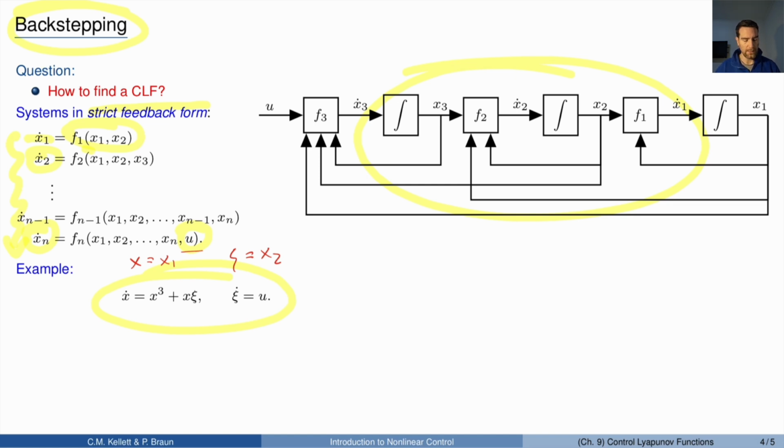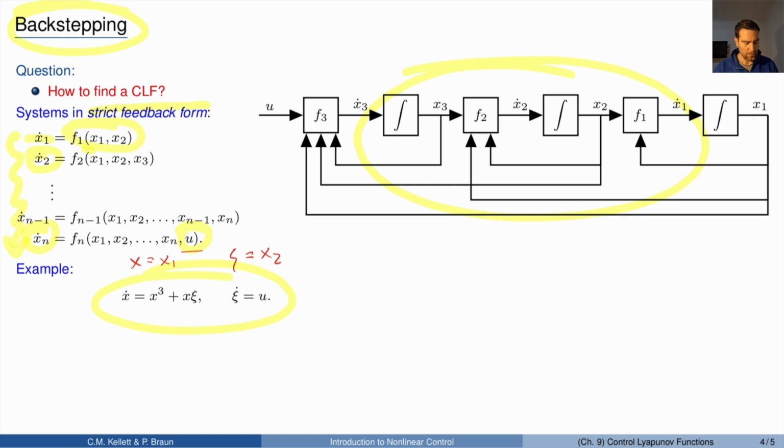Okay, so this is a very simple example, and here I'll give the idea how you can construct a control Lyapunov function for a system like that through backstepping. It is worth it to look at a more complicated dynamical system, so state x of dimension 3, for example, or higher, and then go through these calculations once by hand to familiarize yourself with these steps.